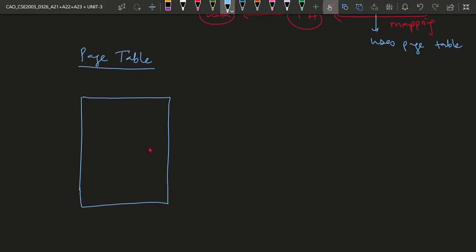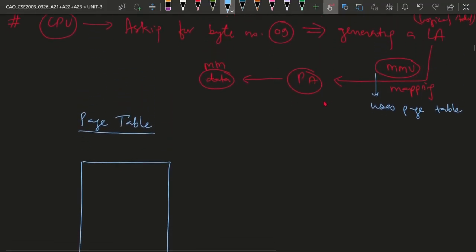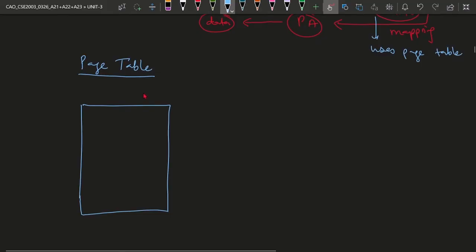So there will be a page table. The mapping between the logical address and physical address is done by the MMU using the page table.